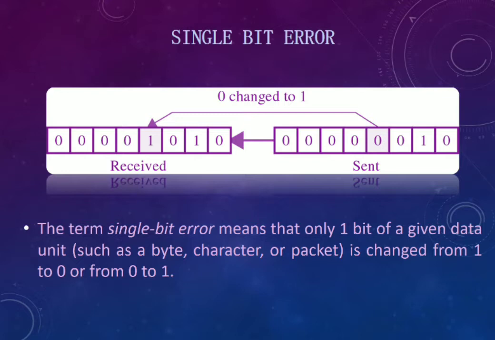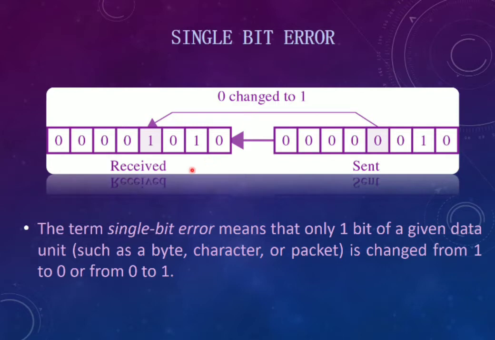Now I'm showing you. In the figure, 0 0 0 0 0 0 1 0 was sent, meaning start of text, but 0 0 0 0 1 0 1 0 was received, meaning line feed.